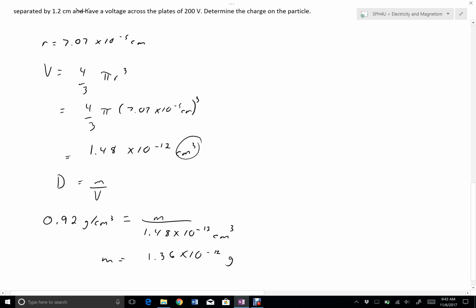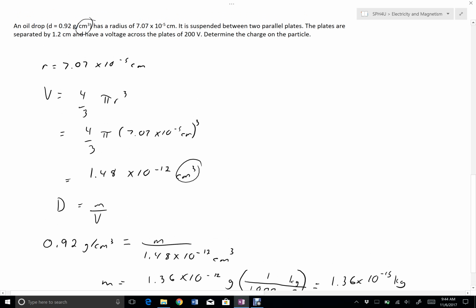Here we do have to be careful. In physics, we're typically assuming we're dealing with kilograms, so we do need to make the change here from grams to kilograms. So for every 1 kilogram, there are 1,000 grams. And doing that, I get a mass of 1.36 times 10 to the negative 15 kilograms. Now I'm going to come up with the force of gravity that would be acting on that oil drop.